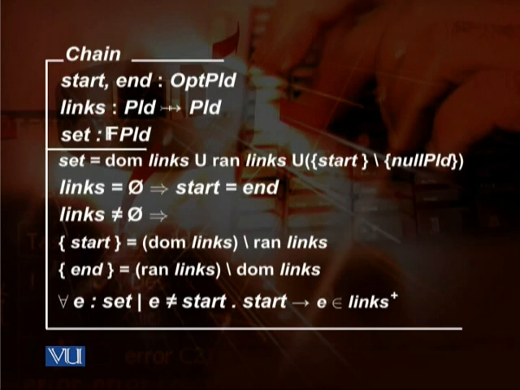So what we have here is, we have now the predicates. So before I talk about the predicates, just let me elaborate this thing once again. We have the notion of kind of a linked list. We have a unique start and a unique end. And every element in the list, in this chain, can be reached from start.